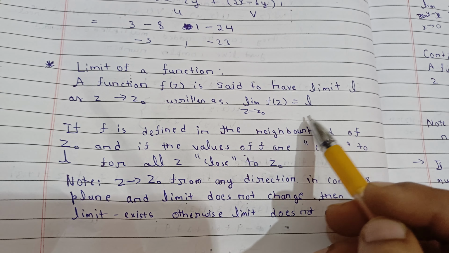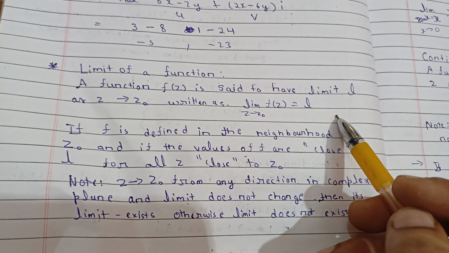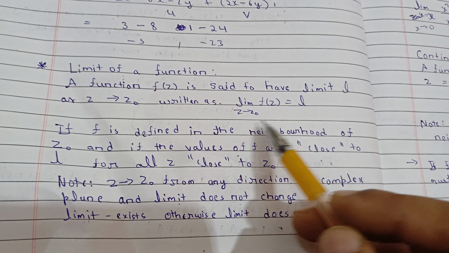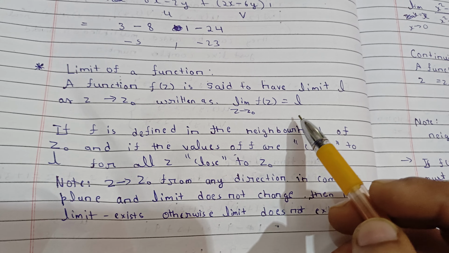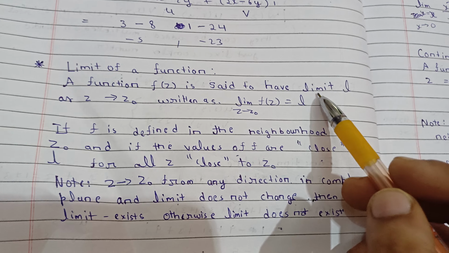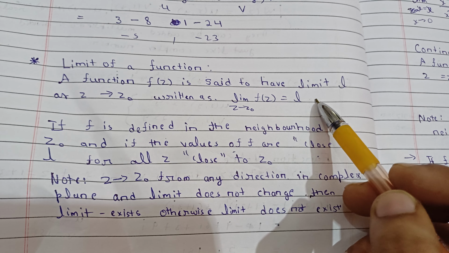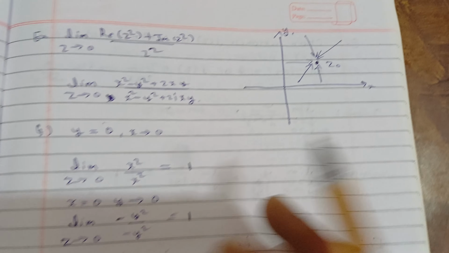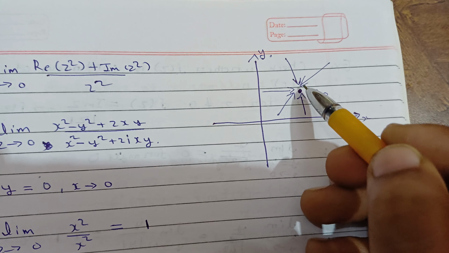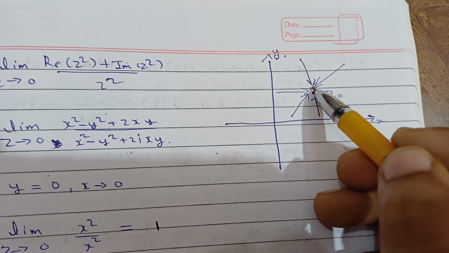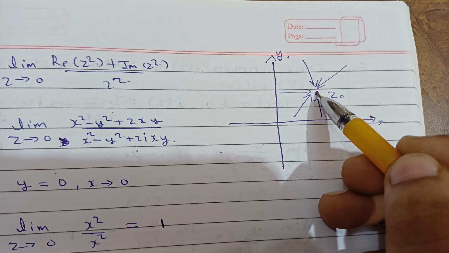Now see, when we talk about the real functions, we take x on the one axis and we define x0 plus h, x0 minus h. But in this complex function we have a complex plane, not a single line. So here this function should be defined in a region, not a line. Means if there is this point z0, then in this particular region from all directions all these points should tend to this f(z0).